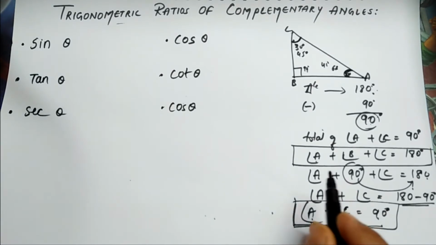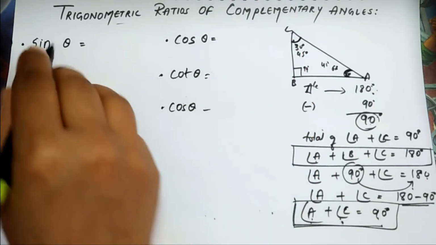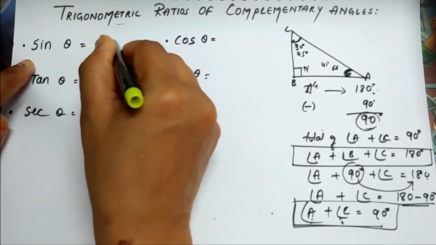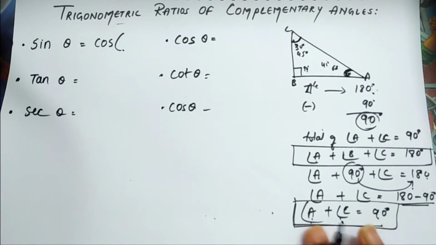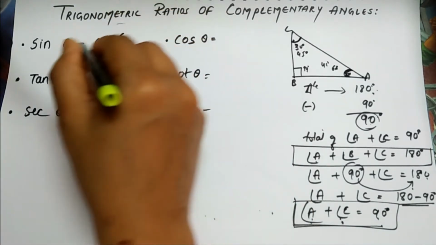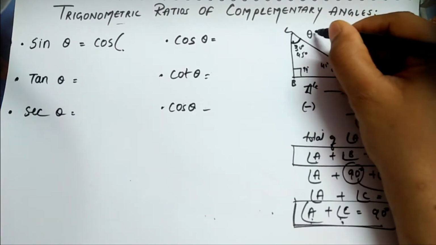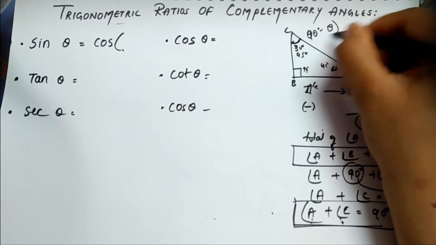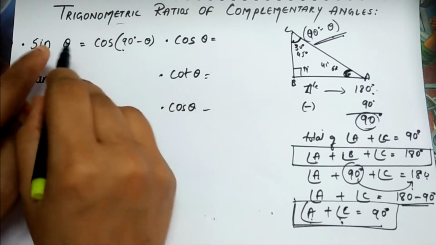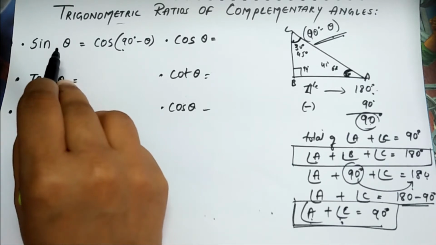Now, since it's a complementary angle that we need to derive, sine theta will be equal to cos of the complementary angle. We are saying that the sum of the complementary and the basic angle will be 90 degrees. So if one angle is theta, the other angle will be 90 degrees minus theta. Theta value can be anything here, 0, 35, 45, 31, any figure.